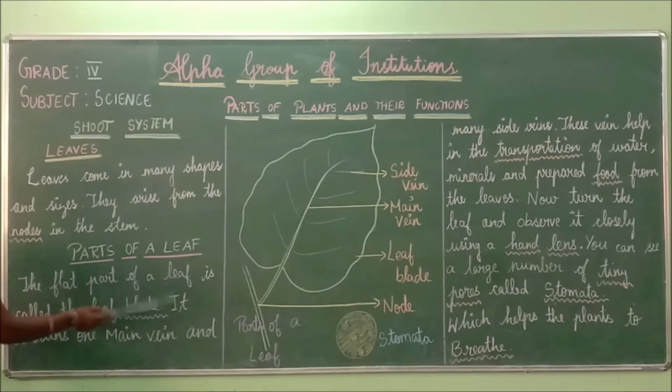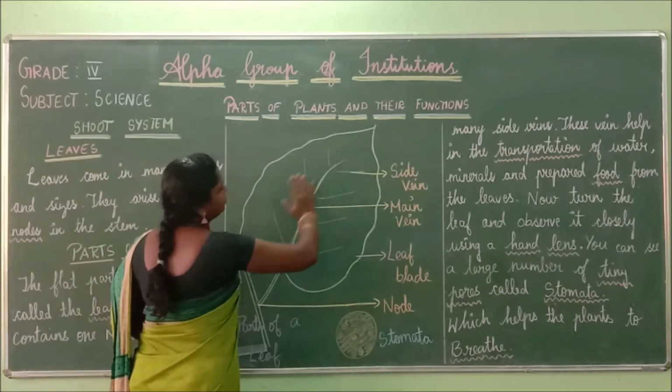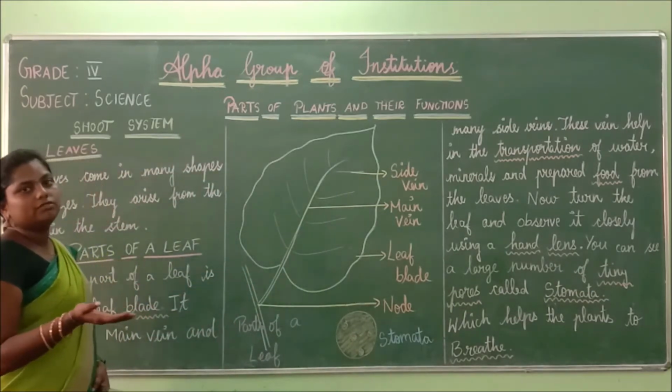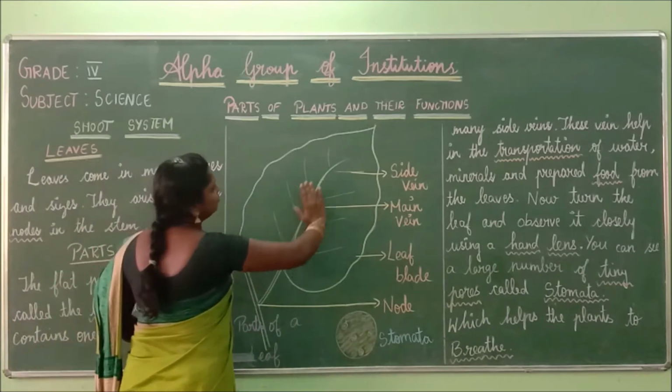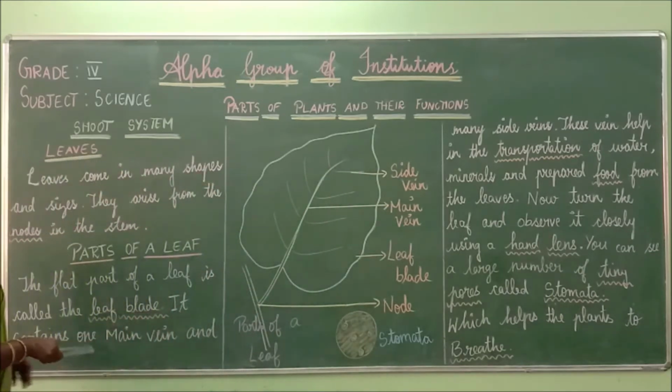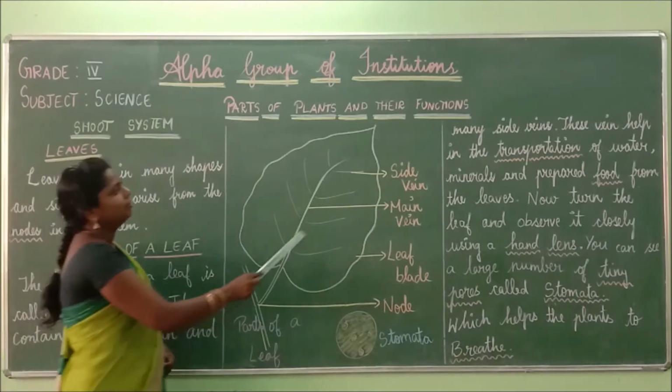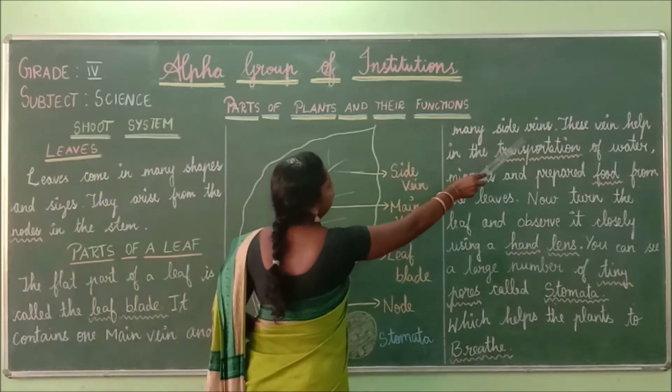Parts of a leaf. Now we are going to see about the leaf. The flat part of a leaf is called the leaf blade. When you keep a leaf with you, the front part is the flat part and it is called the leaf blade. It contains one main vein and many side veins.